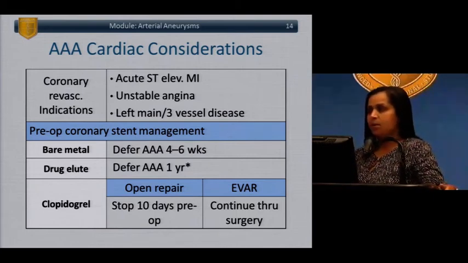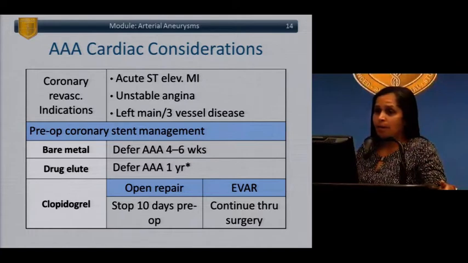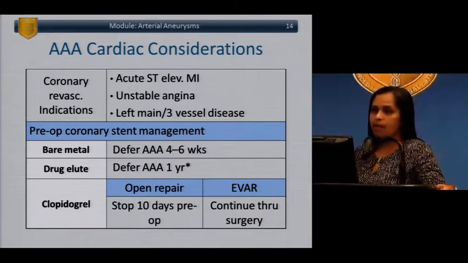This is less important in patients that can undergo endovascular repair because we're much more willing to do those procedures when the patient is taking Plavix. But with open repair, we generally like to stop the Plavix because of the bleeding risks. And so with a bare metal stent, you want to continue the Plavix for at least a month.